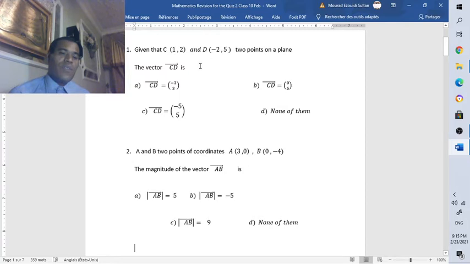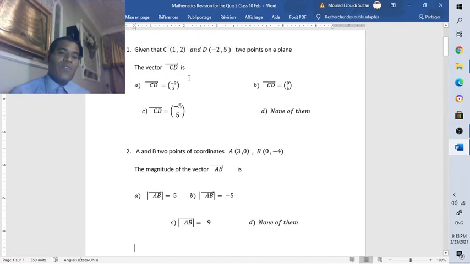So here you can see that the column vector CD has a vector of what? Look, this is -2, and this is 1, this is 2, and this is 5.